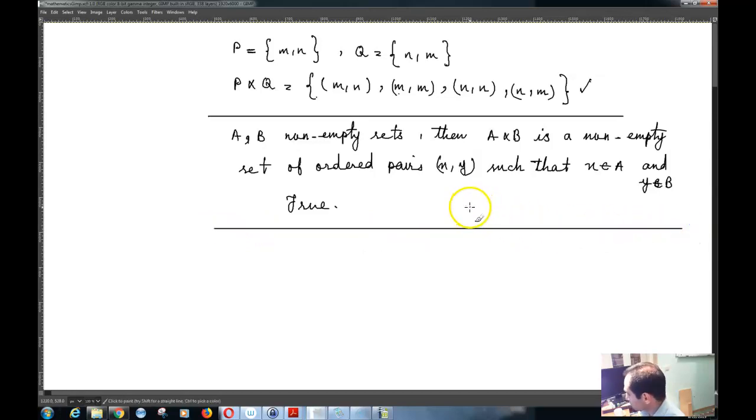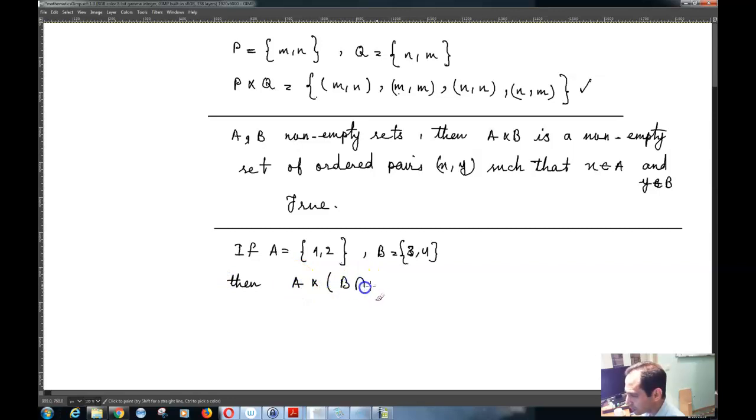The third part of this question is, if A is equal to, no, I'm sorry, if A is equal to 1, 2, and B is equal to 3, 4, then A times B intersection with phi is equal to phi.